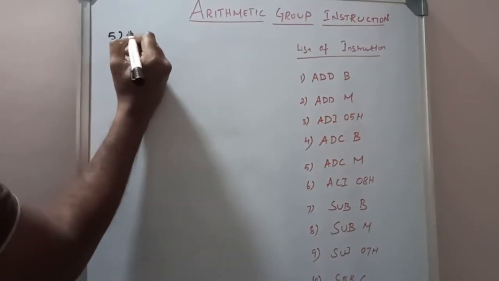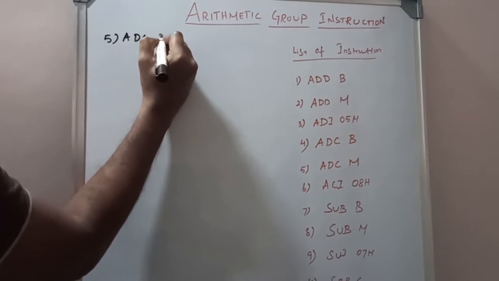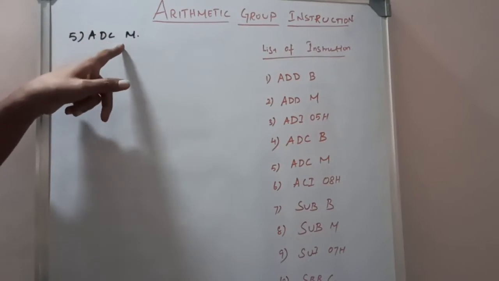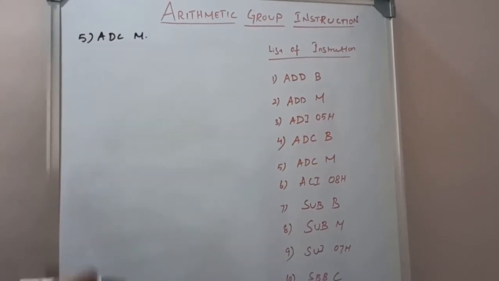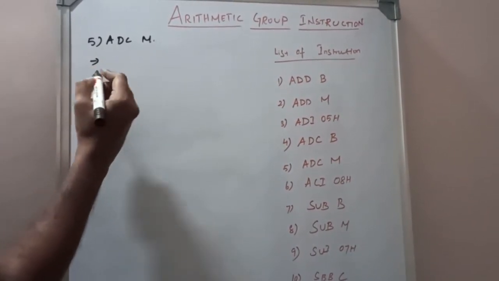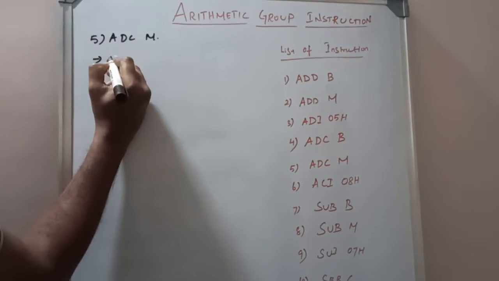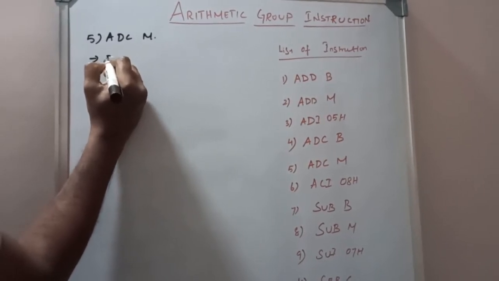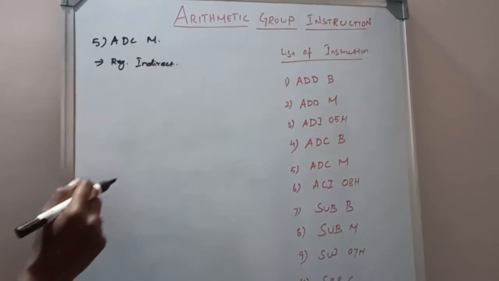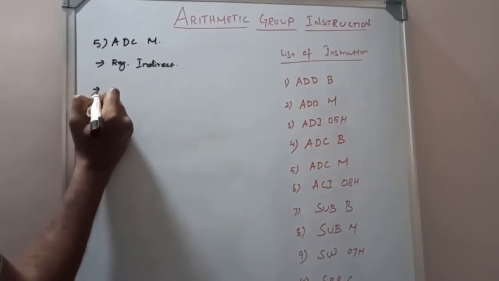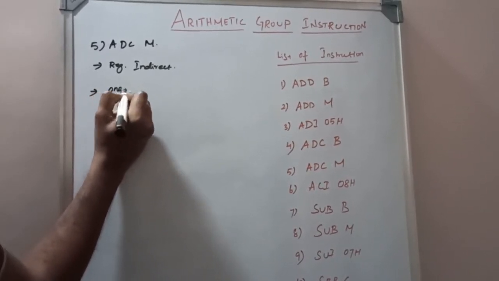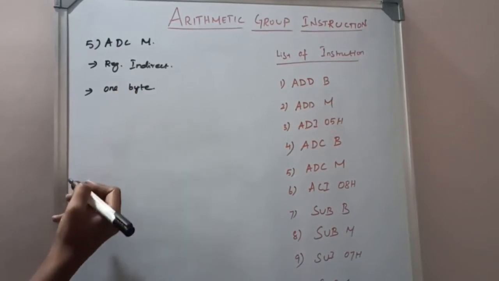Next one, ADC M. This adds the content of the accumulator and the memory location plus the carry value. In this instruction also you consider the carry. The type of addressing mode is register indirect, because here we are using a memory location. It is a 1 byte instruction.